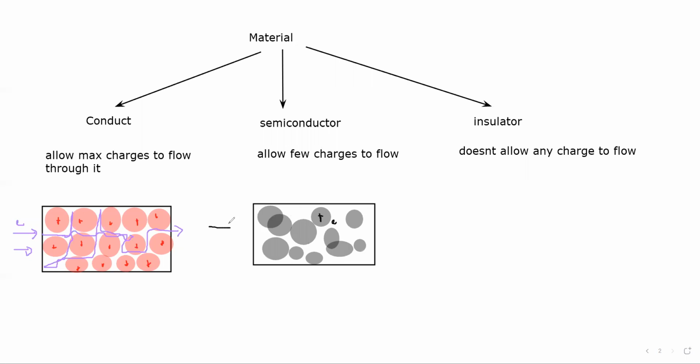So what happens? If an electron enters, it does not find space to go. So it finds it difficult to go out due to the structure. So it allows, but not too many charges to flow. Very few charges, like maybe 100 electrons enter, but out of 100, only one or two find a space to go out. Here, if 100 electrons enter, the maximum number will go out, maybe 99, maybe 98 of them will go out from the other side.